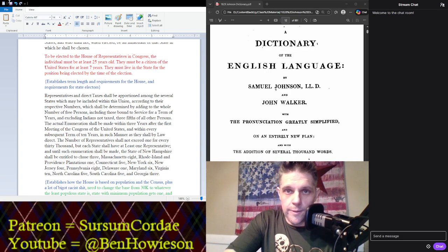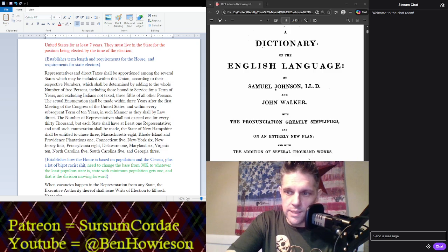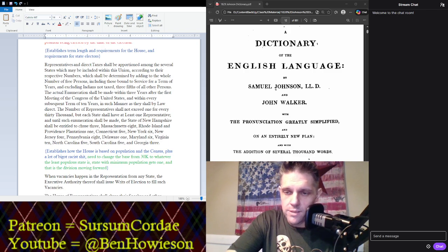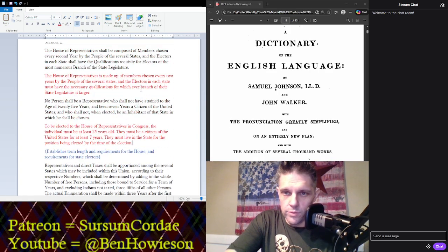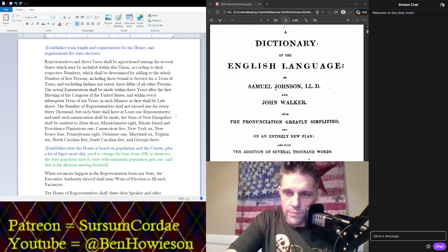Now this one, boy howdy, this one. This is what I mean when I say that this document is a mess, because not all of this section of Article, what are we on? Section 2, Article 1 is valid anymore. But in the actual document, there's no notation showing you that.